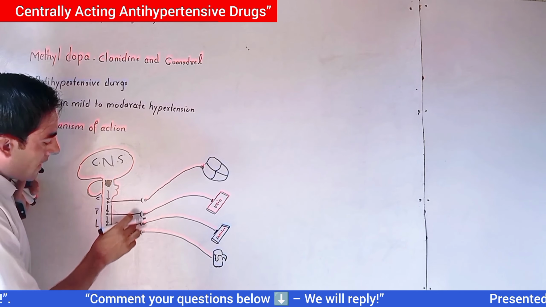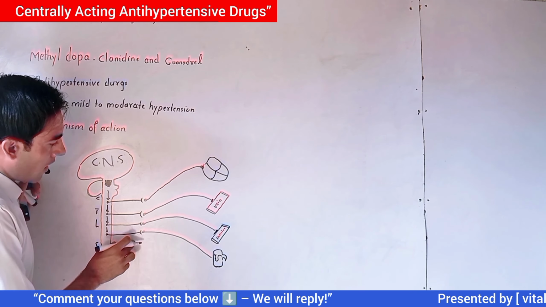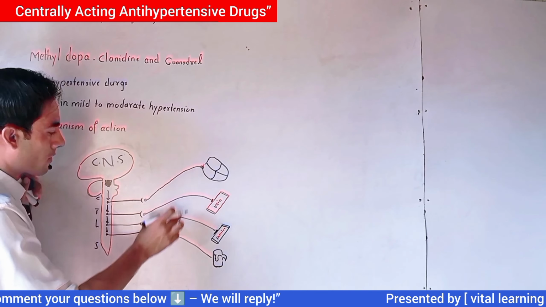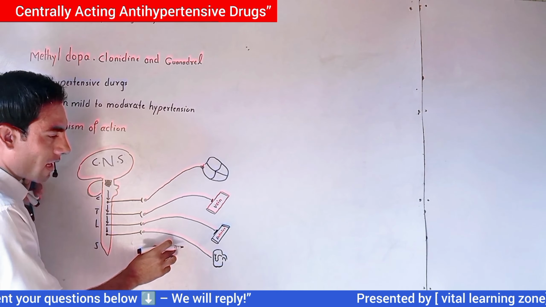These are preganglionic nerve fibers or neurons, and these are postganglionic nerve fibers or neurons. They go and stimulate the heart, and some of them go and stimulate the smooth muscle of veins and arteries, and some of them go down and stimulate the juxtaglomerular apparatus.